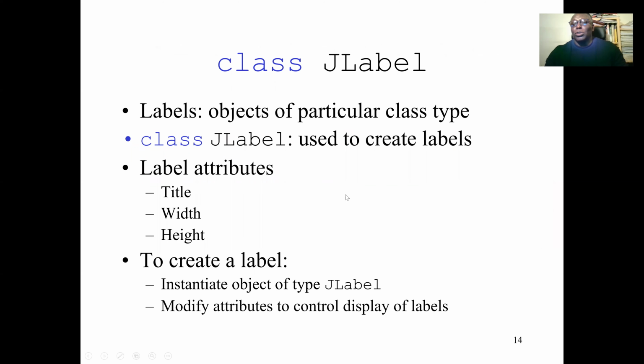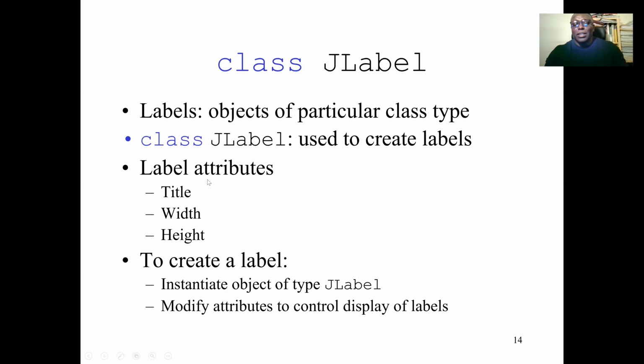So now we will go through the labels, then text fields and the buttons, which are again the GUI components. So first, if I want to create a label, I'll use the JLabel class. And the JLabel class also has a constructor, the same concept, object-oriented programming.